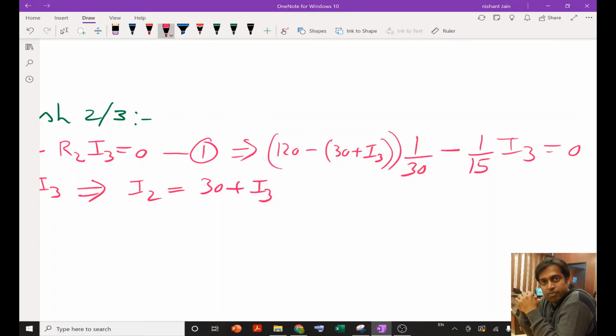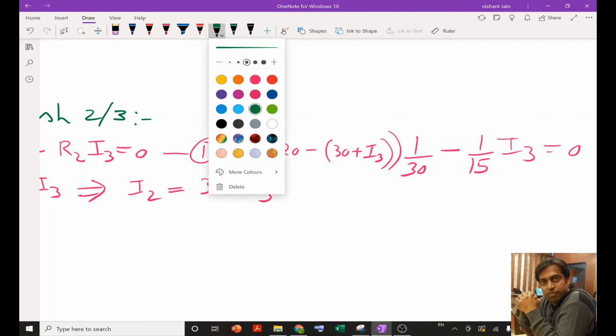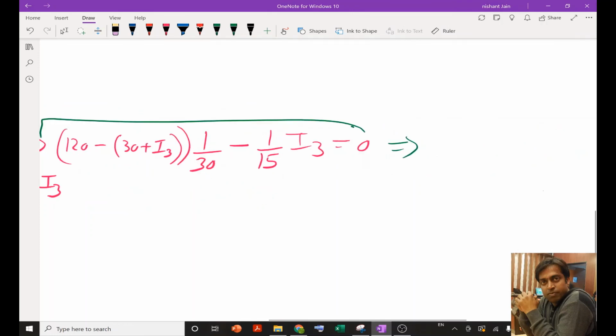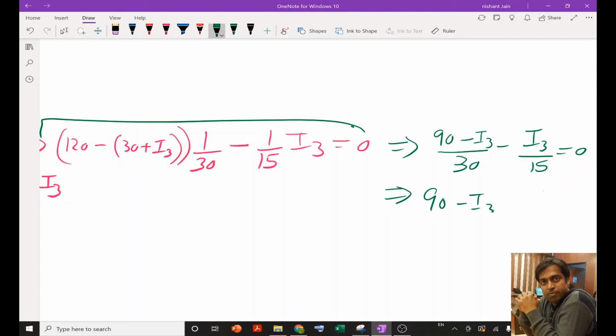Now you can see in this particular equation we have only one unknown, that is I3. So solving this equation, I will get (90 minus I3) upon 30 minus I3 upon 15 equals 0. So 90 minus I3 minus 2I3 equals 0, and I3 equals 90 divided by 3, which is 30 ampere.